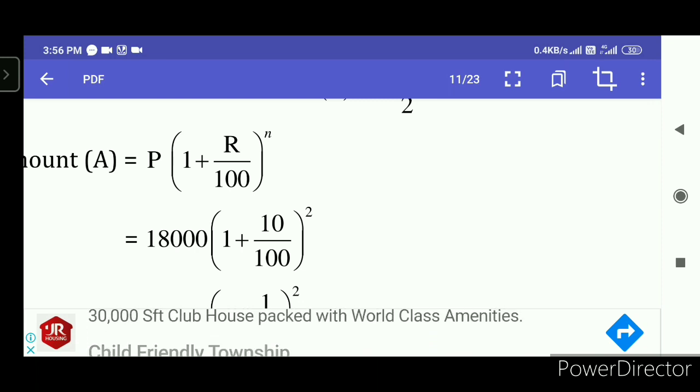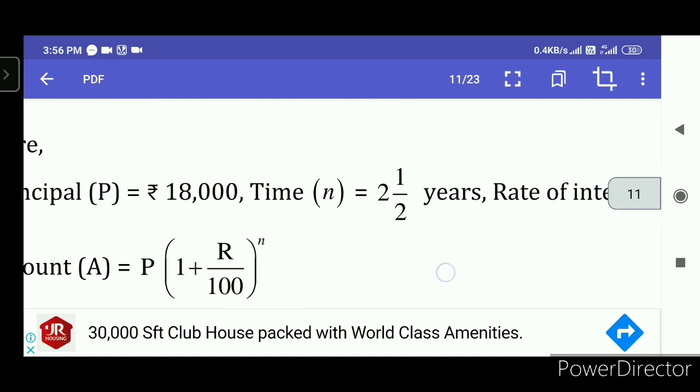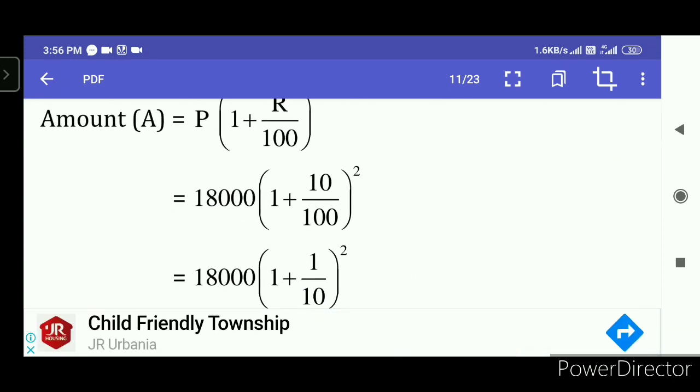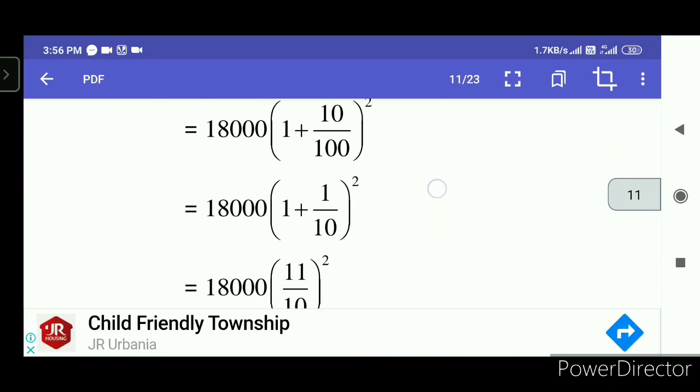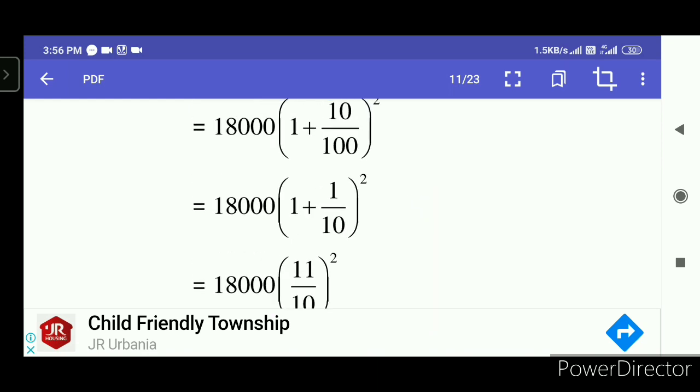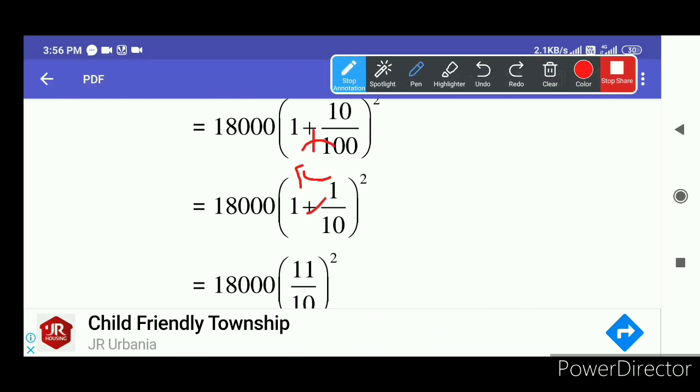First you take only the whole year, that is 2 years. We are calculating the amount, therefore taken whole to the power 2. Now again the LCM. First we cancel 10 and 10 in the numerator and denominator. Remaining 1 by 10. 10 is the LCM.